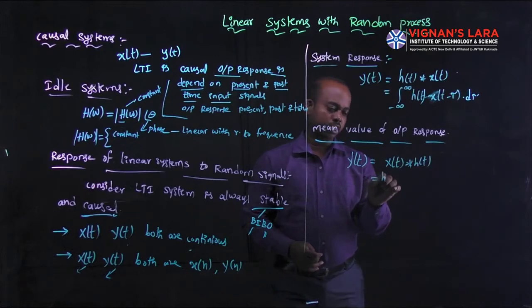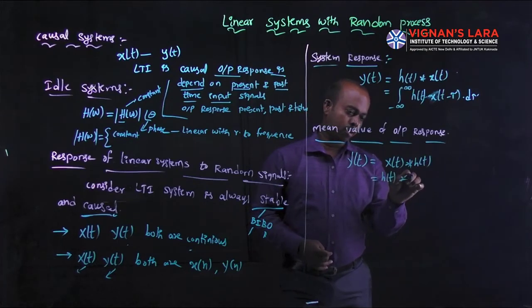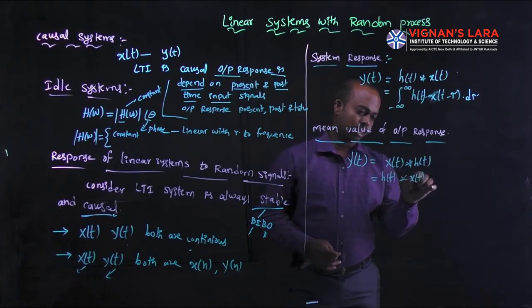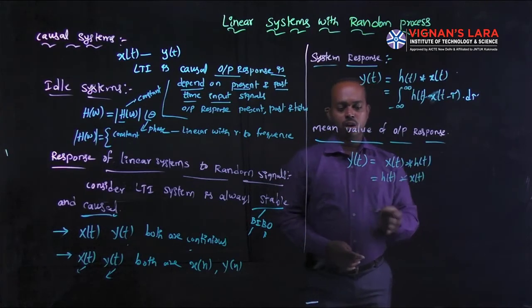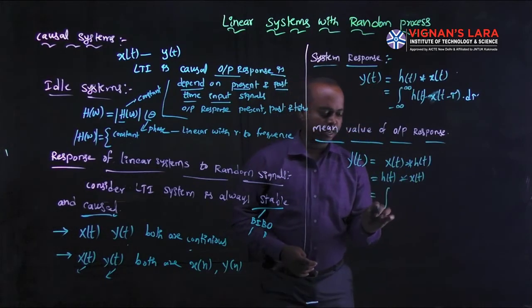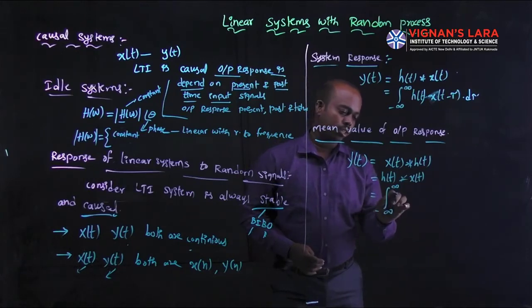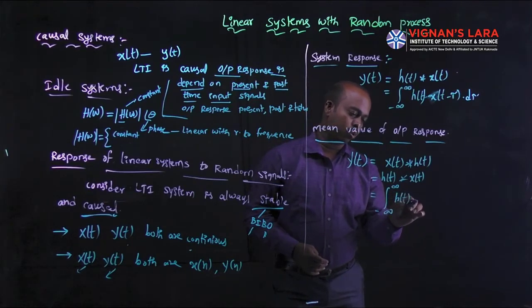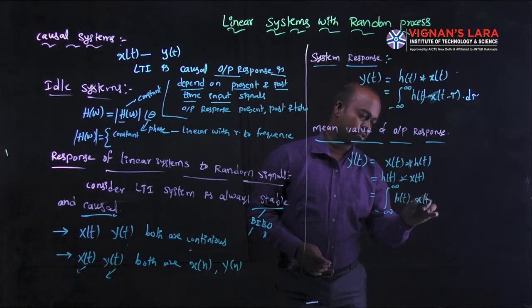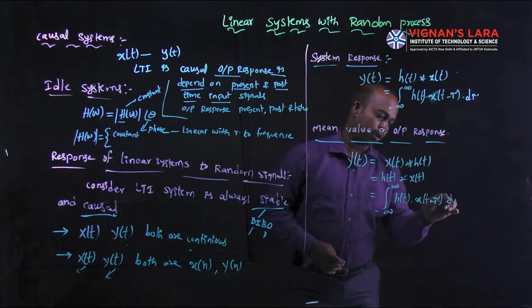Otherwise, you can write h of t convolved with x of t; you can write it in any direction. Now we write the convolution formula: the integral from minus infinity to plus infinity of h of t into x of t minus tau d tau.